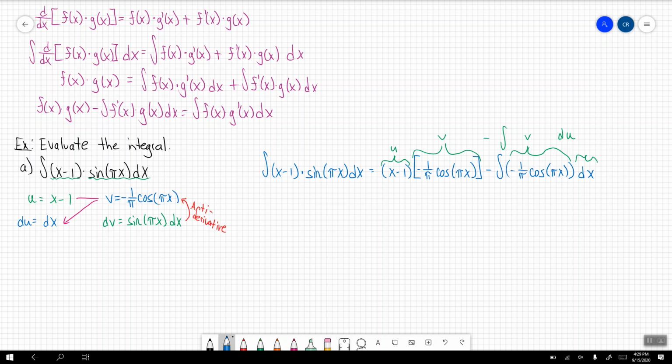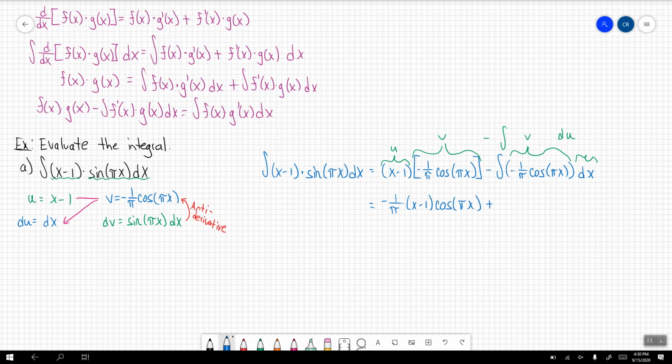So for this first term, I just have my x minus 1 multiplied by, all right, let's actually simplify this a little bit more. So negative 1 over pi multiplied by x minus 1 multiplied by cosine of pi times x. Negative and negative, because it's negative factors, that's going to be a plus.